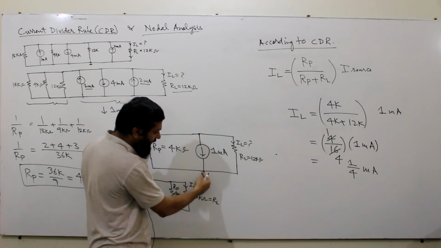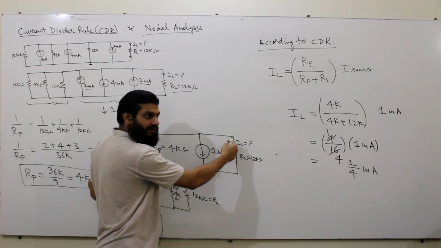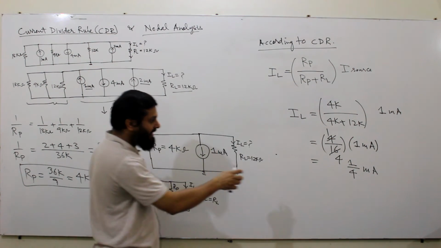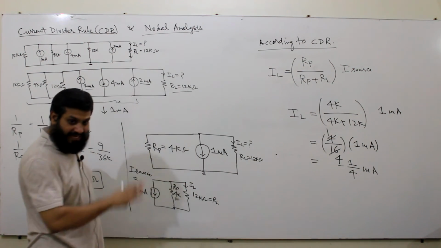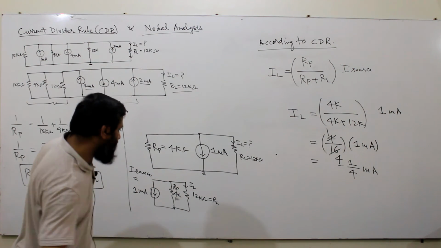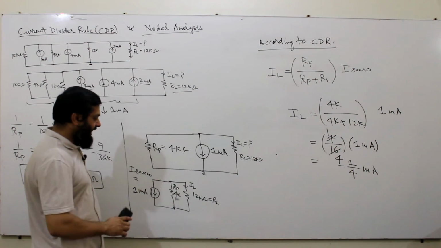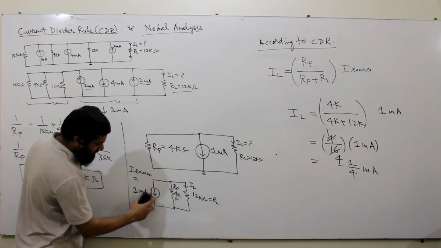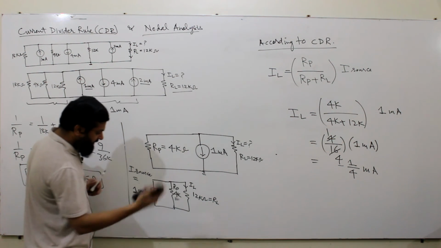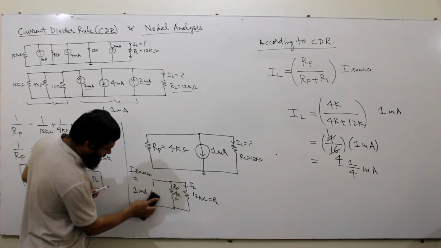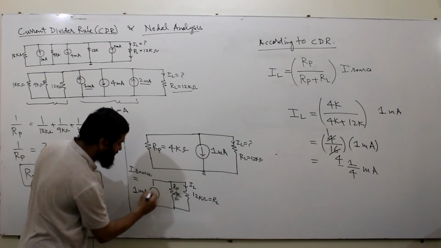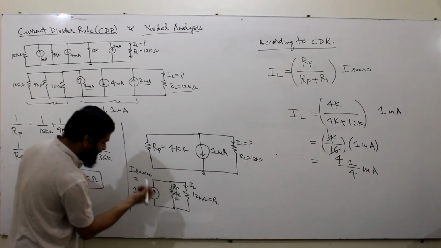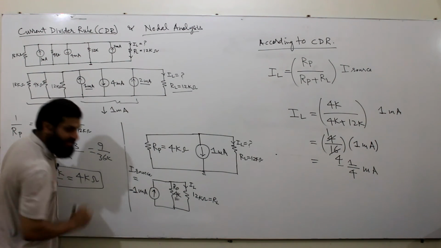This current is actually entering from this path, which means if it is coming from the ground point, there must be an opposite sign. Or if you feel it difficult to solve this way, you can do another thing. You can change its direction from downwards to upwards, which means you will have to place a negative sign here.